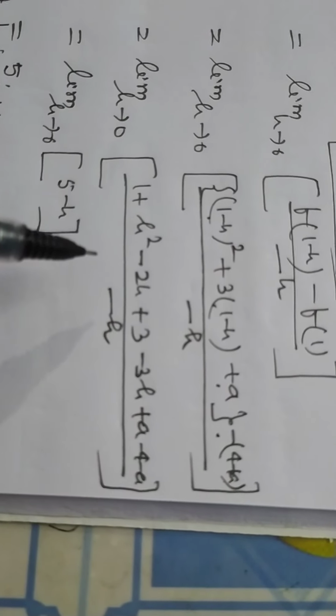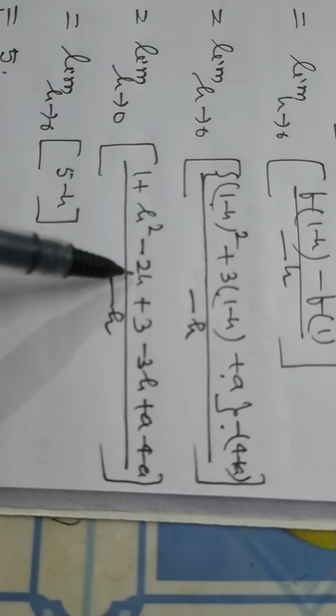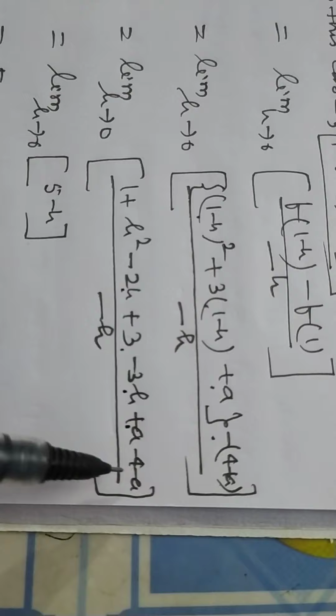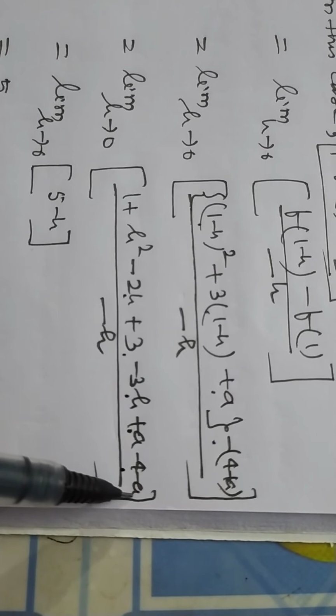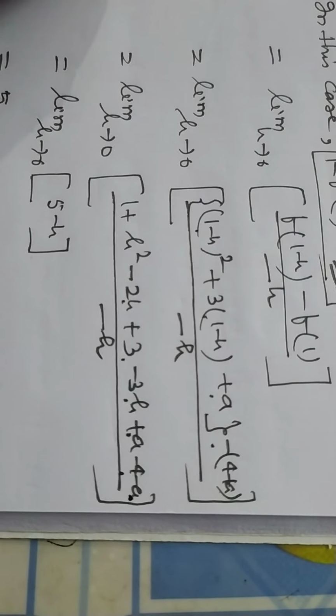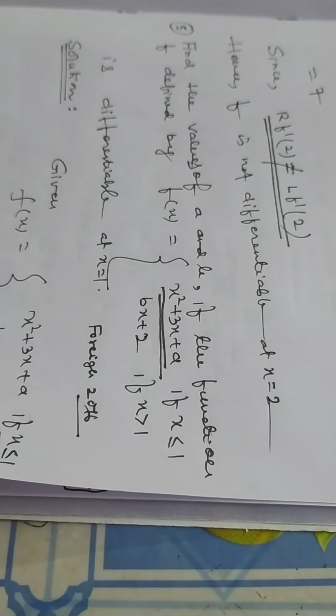So now it will be 1 plus h square minus 2h plus 3 minus 3h plus a minus 4 minus a.